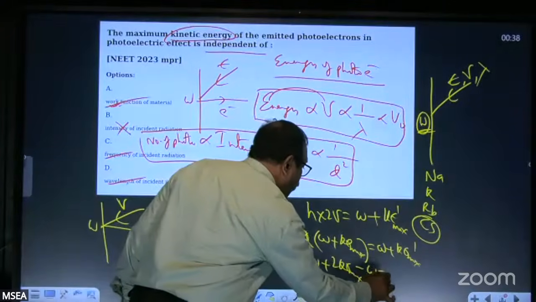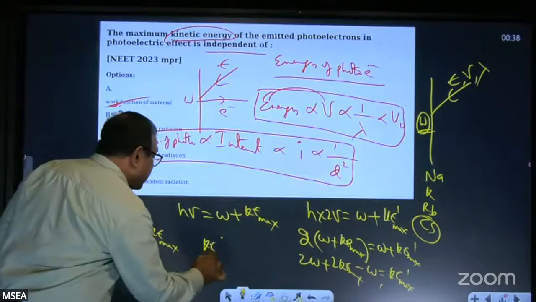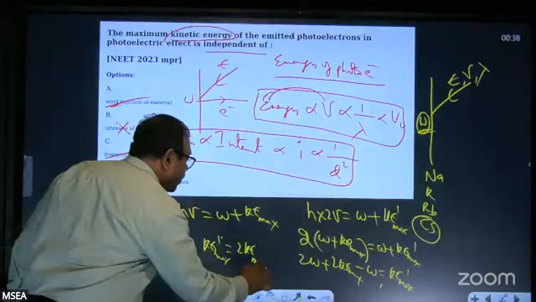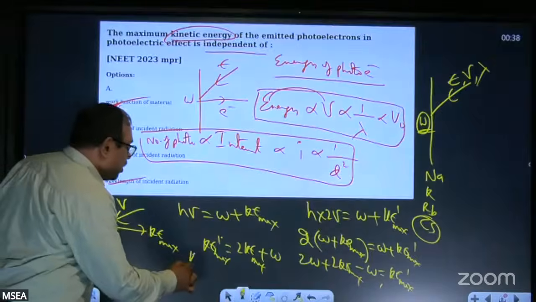So minus W should be equal to Ke max dash. Now we can write Ke max dash is equal to 2Ke max plus W. That means as the frequency is doubled, this Ke max is more than doubled.